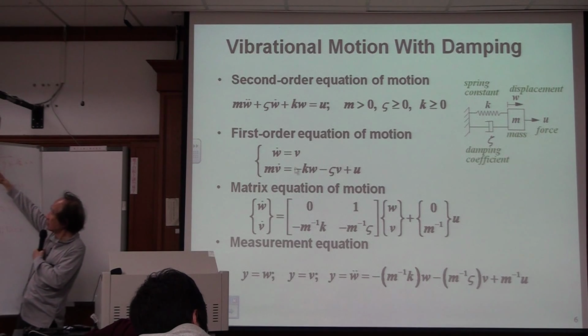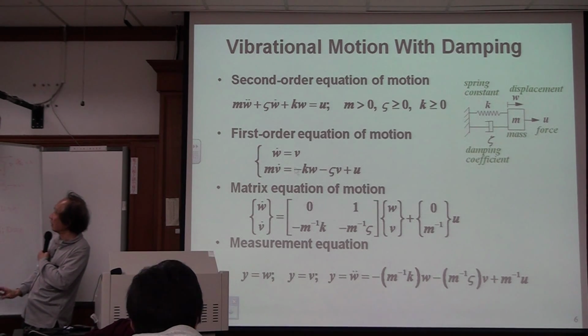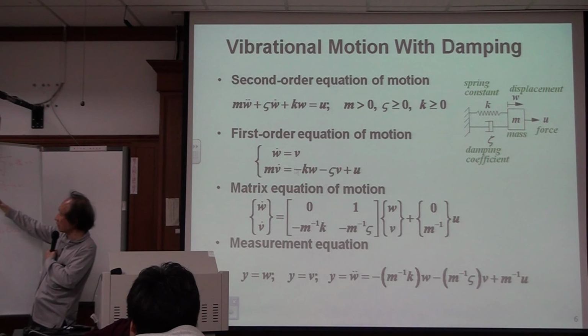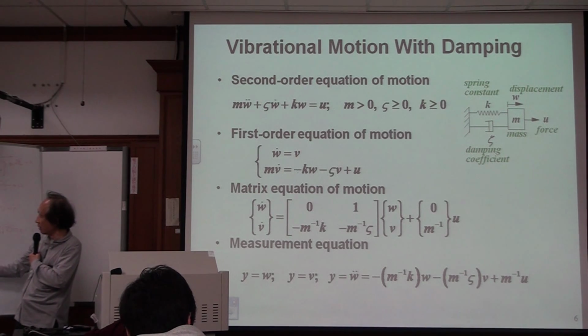So in a rigid body motion, C is 0, 0. In a vibrational motion without damping, we have minus K over M, 0.